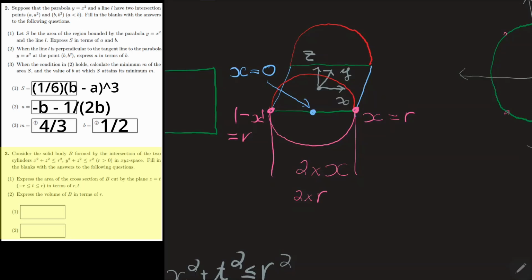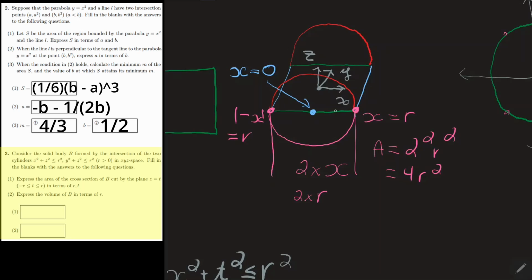which means that in order to find the area of this square, we just need to take 2 times r and square it. And so the area would be equal to 2 squared times r squared, which is equal to 4r squared. And so that's the area of this square when t equals 0, right?